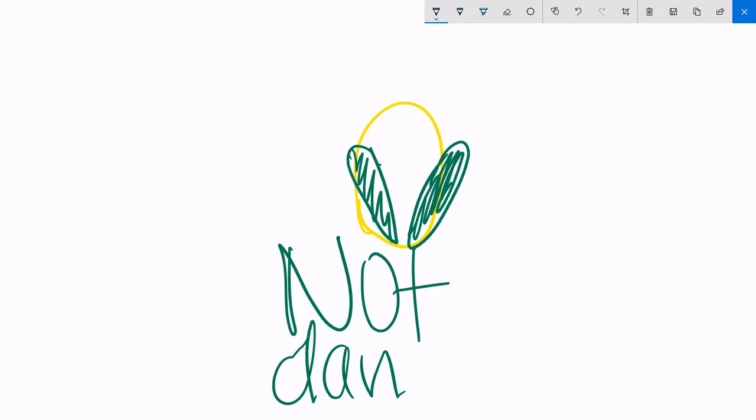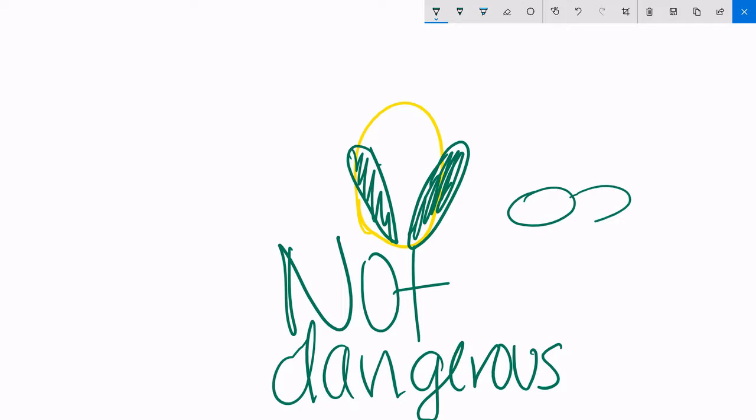So why is this not dangerous for humans, but it will kill a bug such as an ant? It's because this gene knows that when it sees an ant, it has a different digestive tract than humans. So it will only attack that digestive tract.